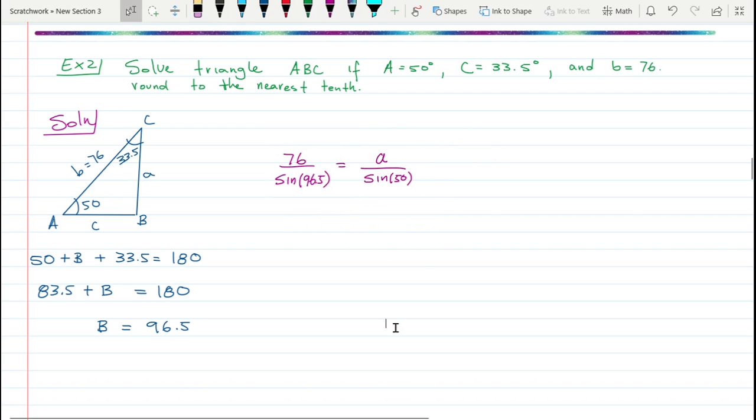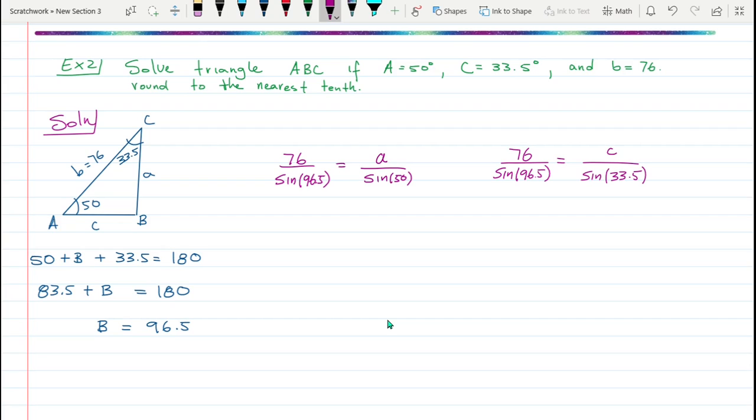But then we're going to use the same thing when we're looking for C, right? We're going to say 76 over sine of 96.5 equals to B over sine of, I'm sorry, looking for C, not B, 33.5, right?